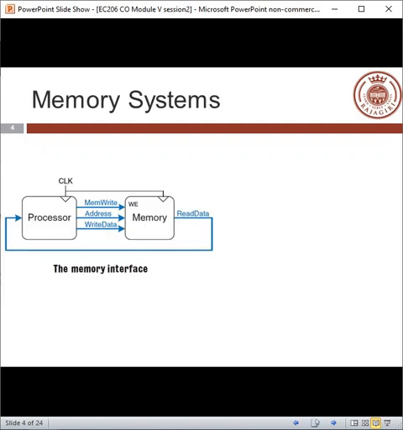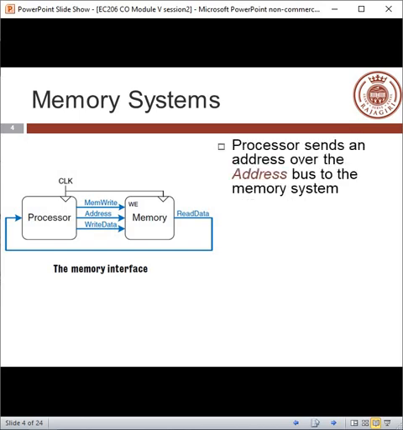Traditionally, for a memory system, the processor will communicate with memory. The processor sends an address over the address bus to the memory system. Now, the memory operation may be either a read operation or a write operation.